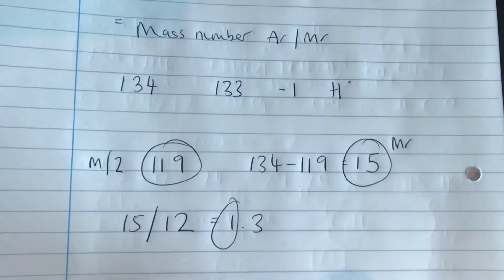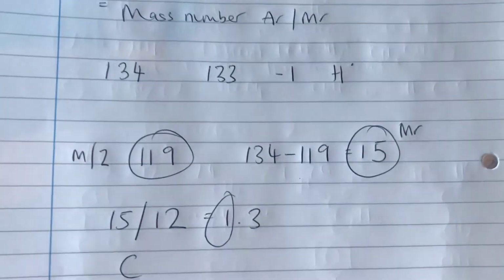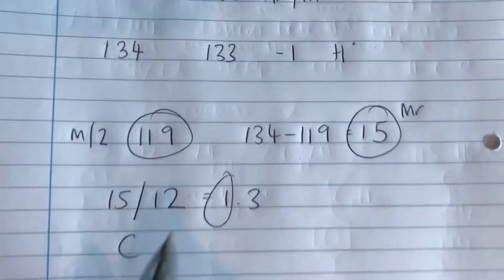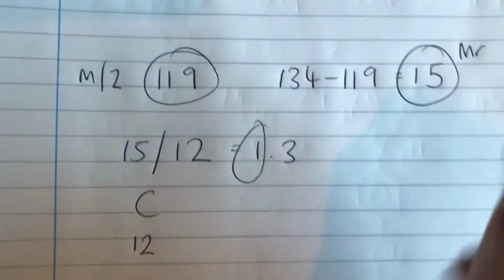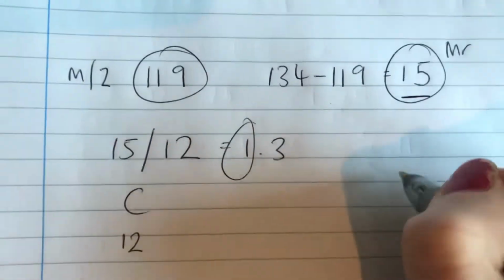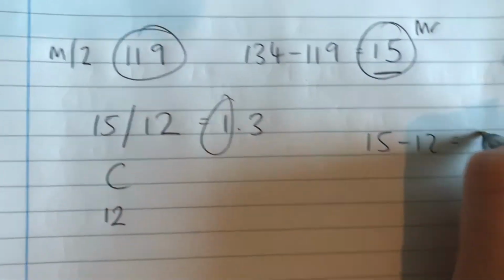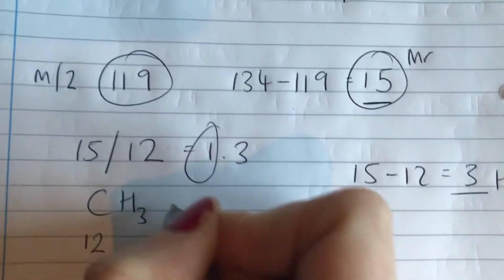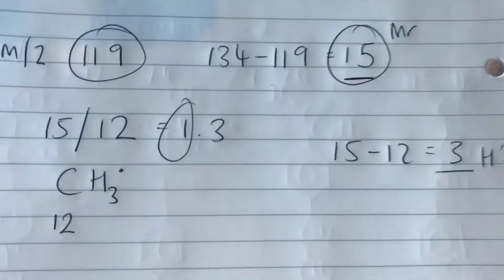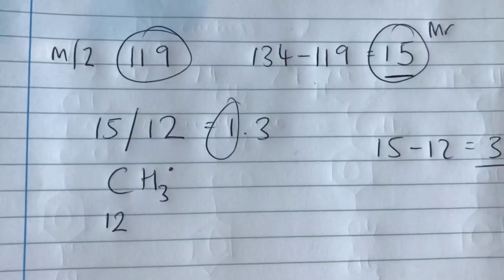That means we're going to have 1 carbon, so it's going to be C, and then whatever's left over, so 15 minus 12 equals 3, which means we've got 3 hydrogens. Okay, so it's going to be CH3, and it's a radical, so I'm going to put my dot in, although according to the mark scheme you don't have to.